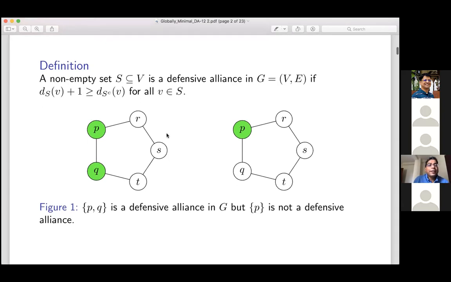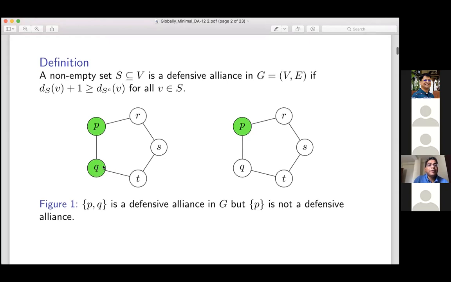So I'll give an example here. So this P has considered this graph. And here PQ forms a defensive alliance because you can see that the number of neighbors P has inside S, including itself, is 2, P and Q, and the number of neighbors it has outside S is 1.